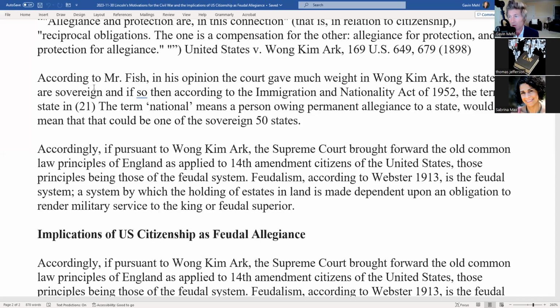And if so, then according to the Immigration and Nationality Act of 1952, the term state, lowercase s, in section 21, quote, "the term national means a person owing allegiance to a state," would mean that it could be one of the sovereign 50 states.